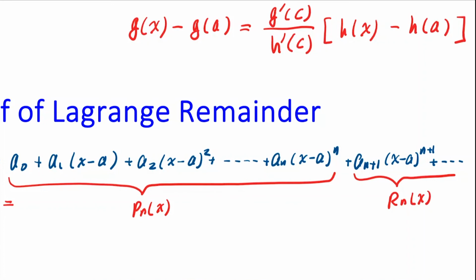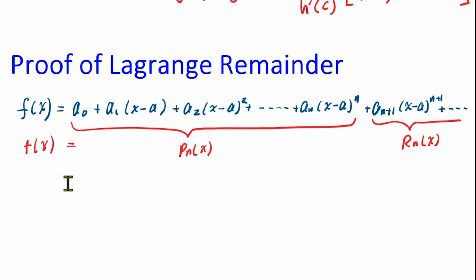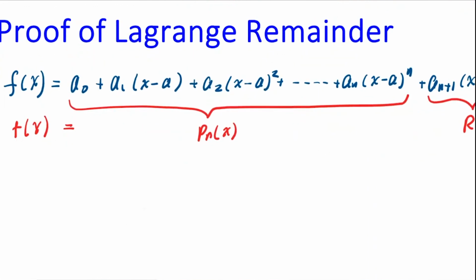Good. So far with me? So your f of x is P sub n plus r sub n. Which means I can now write r sub n of x, like I explained in homework, as f of x minus P sub n of x, correct? I just move it over to the other side.